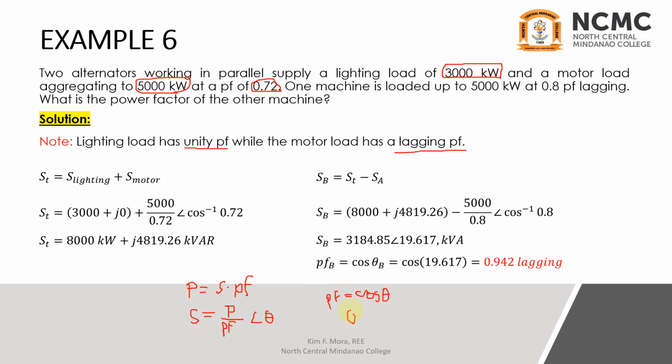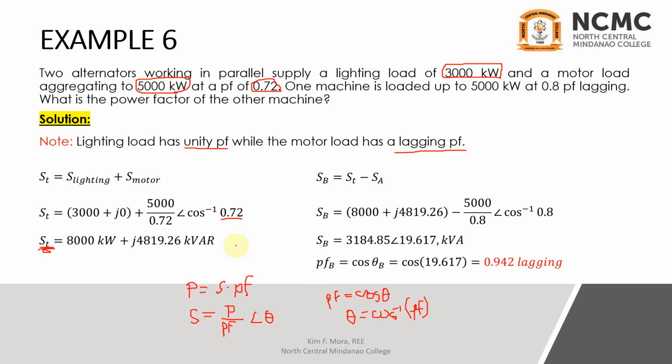So to solve for the angle, that is equal to the inverse cosine of our PF, the inverse cosine of 0.72. So the total apparent power is equal to 8,000 kilowatts plus j4819.26 kVAR.